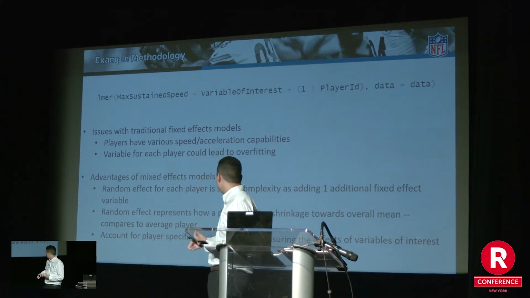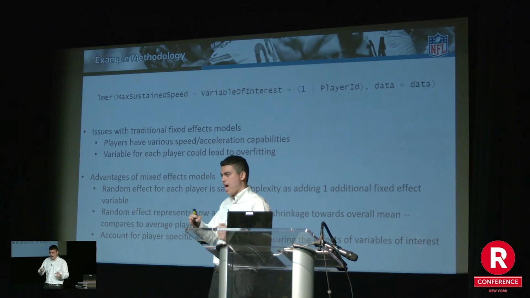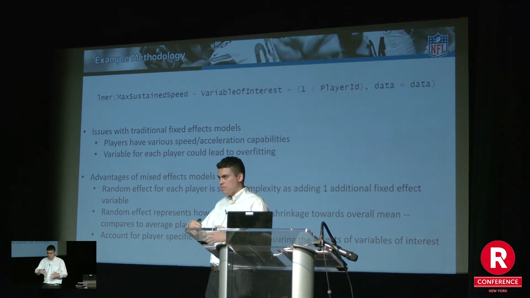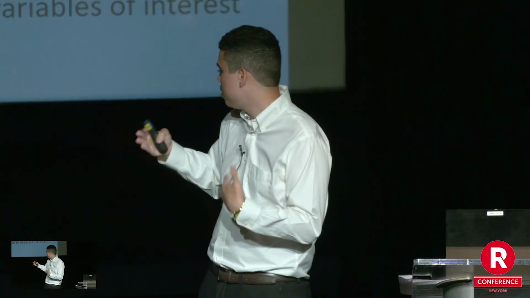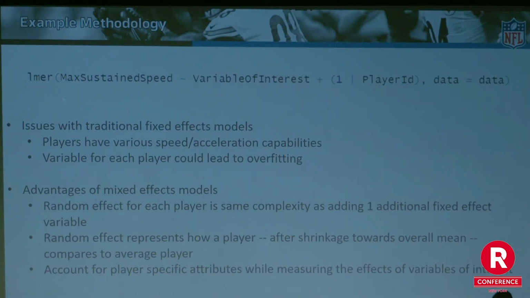So the advantage of using a mixed model and a random effect for player ID is that instead of adding 500 variables, we're essentially adding the same complexity as one fixed effect variable and allowing the values to fluctuate. So the fastest receiver and the slowest receiver will have different values, but we also aren't making it overly complex.